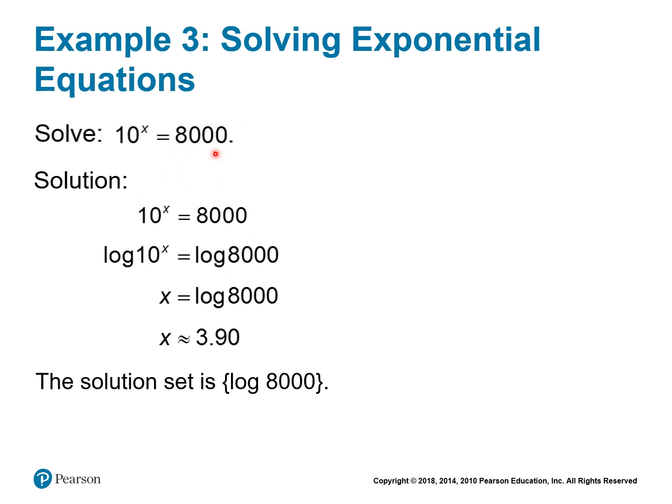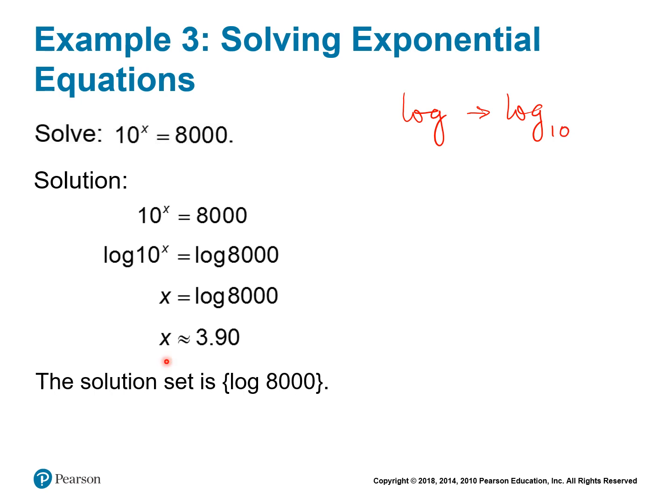Now, which logarithm should we use? If you remember, they said that when the base of the exponent is a 10, we must use log. Take the log of both sides, all right? Because log is the same as log base 10, all right?